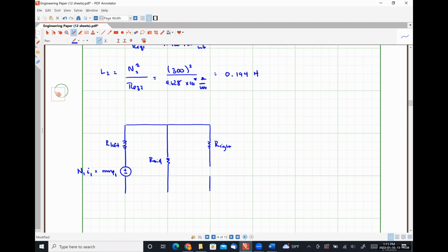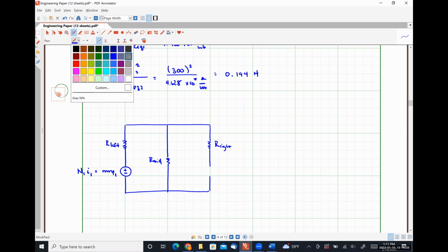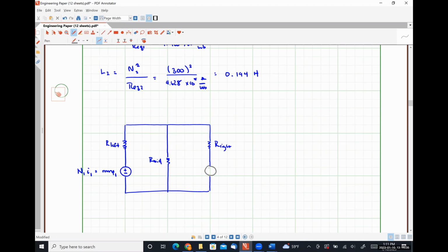I'm going to draw this coil in gray because it's not actually in the circuit at this point.